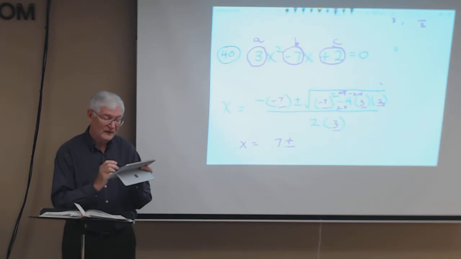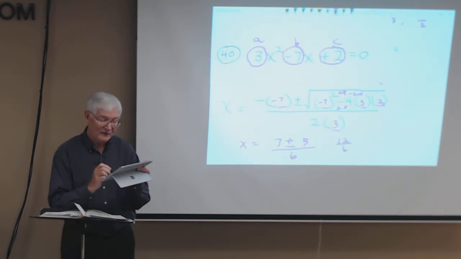What's the square root of 25? 5. 7 plus or minus 5 divided by 6. 7 plus 5 would be 12 divided by 6. 7 minus 5 would be 2 divided by 6. So what's my solution set? 2 or 1/3.